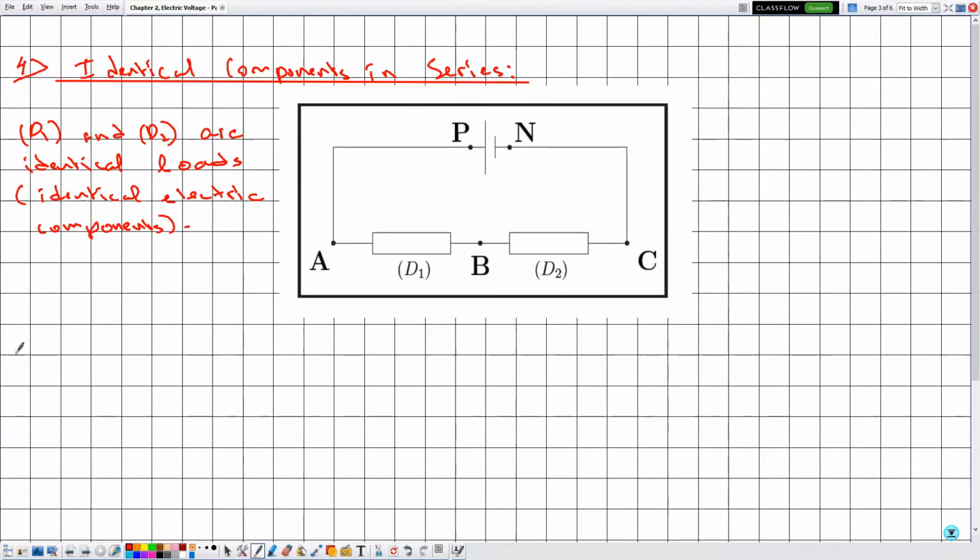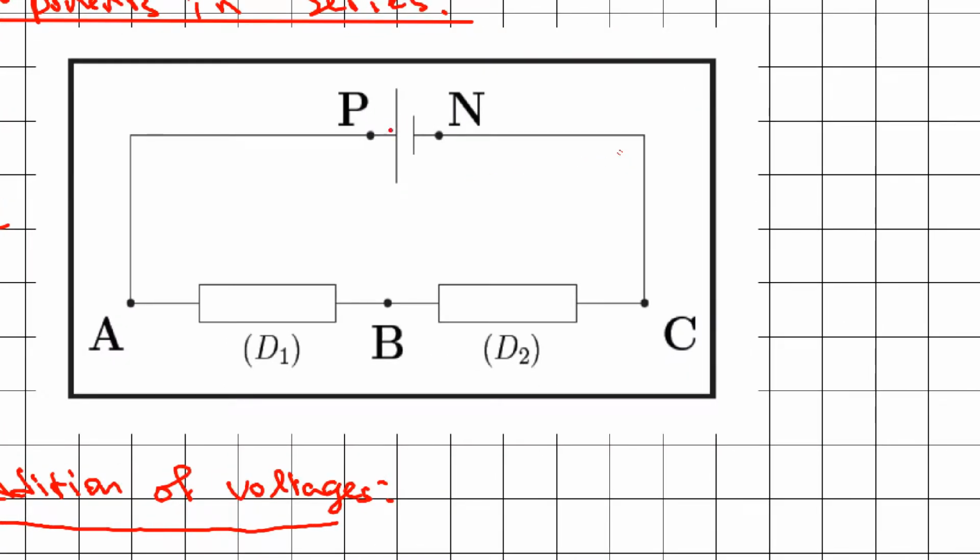So in this case we can say that we apply the law of addition of voltages. In order to determine, first of all, suppose that UPN is given.